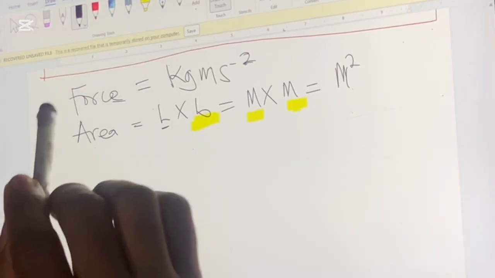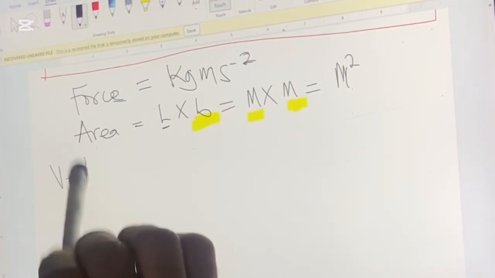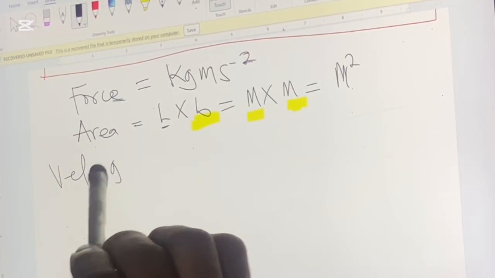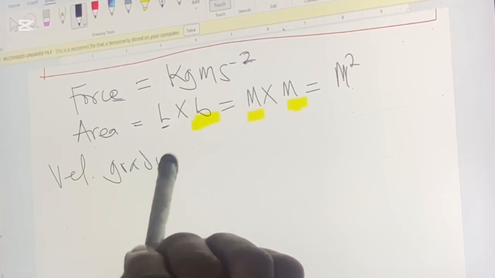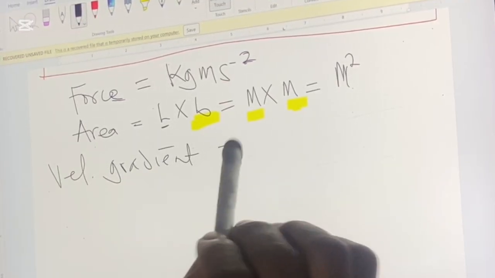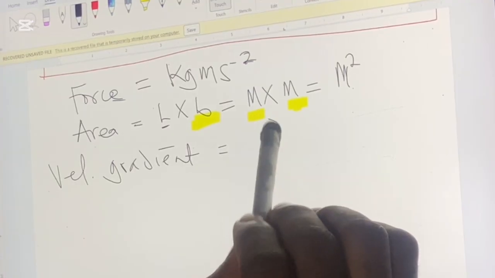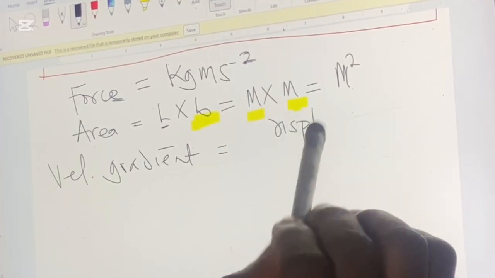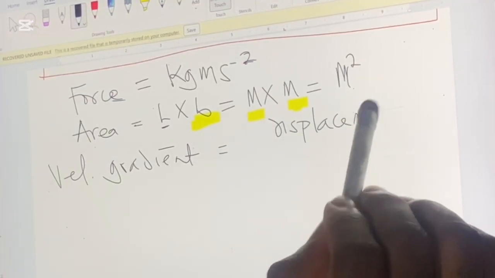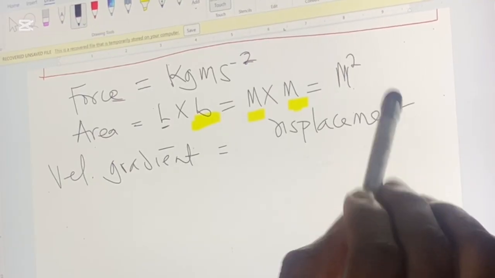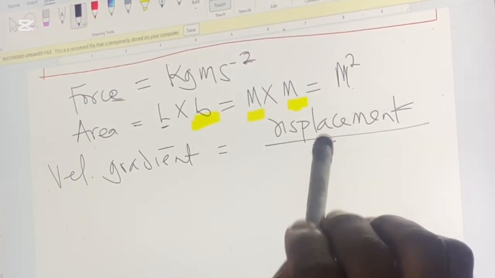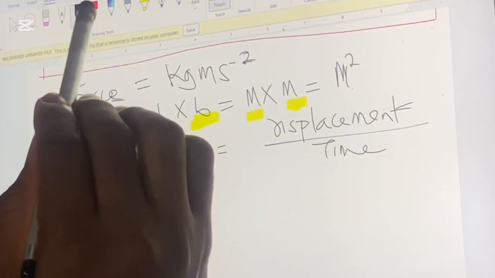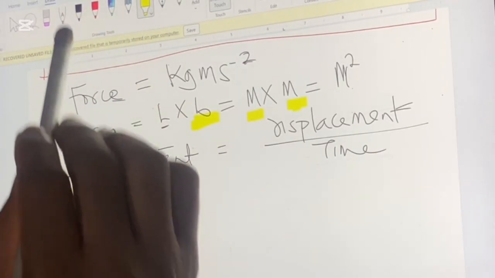So the next is velocity gradient. Now velocity gradient is equal to displacement over time. That is for velocity.